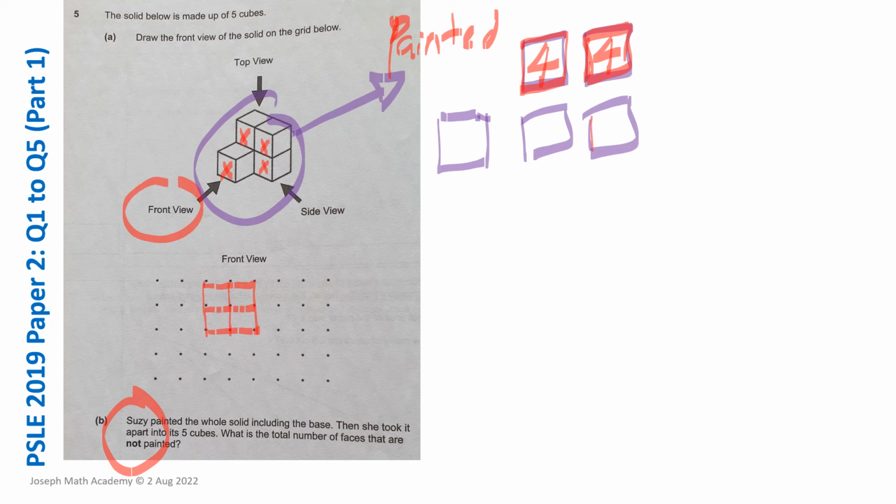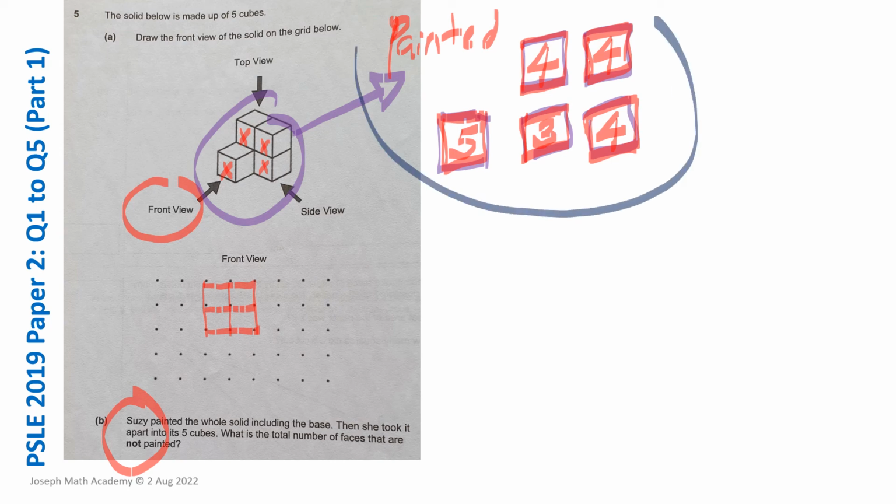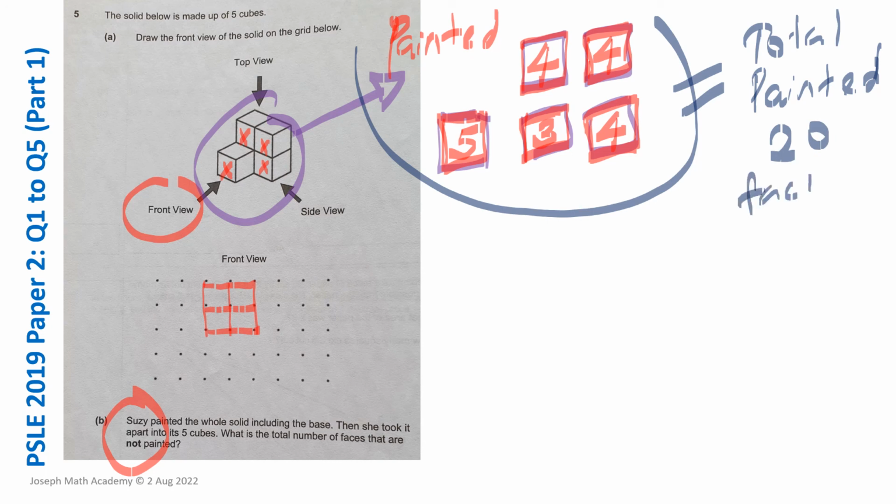The one right below it also has 4 painted faces. This one over here has only 3 painted faces. And this one has 5 painted faces. Now what is the total number of painted faces? It is actually 20.